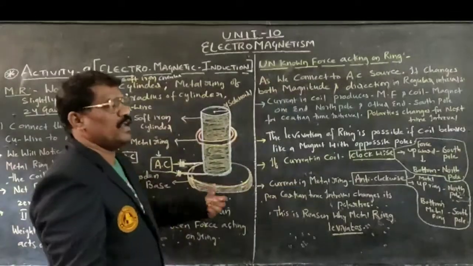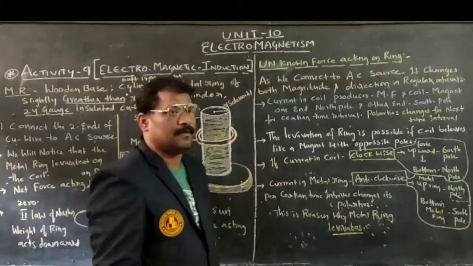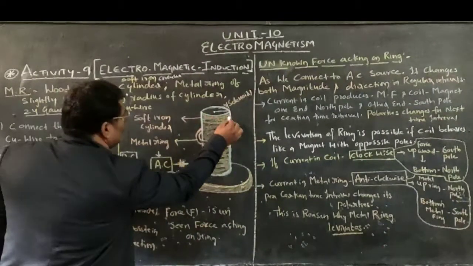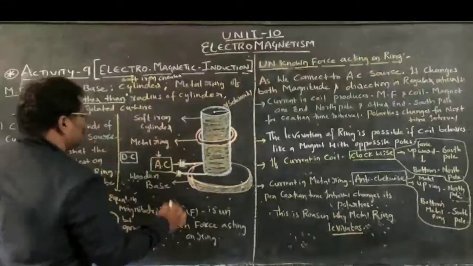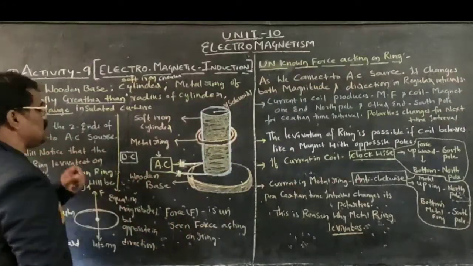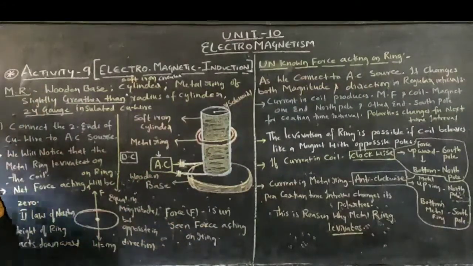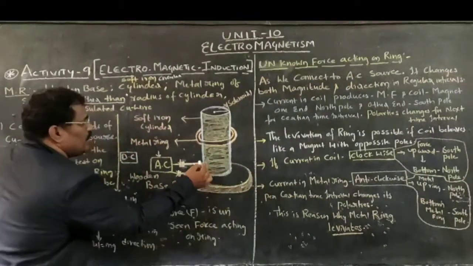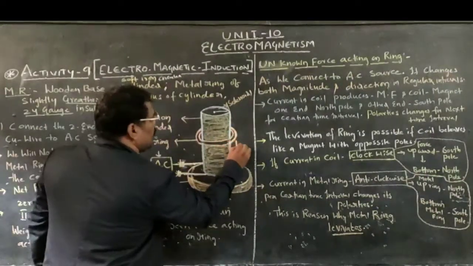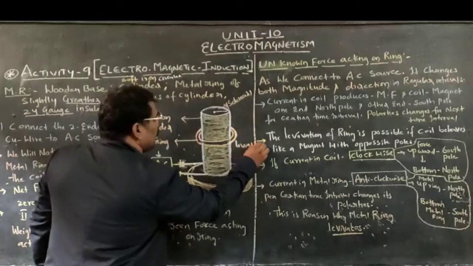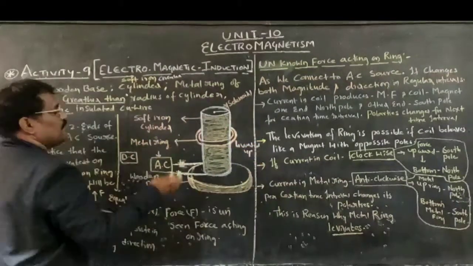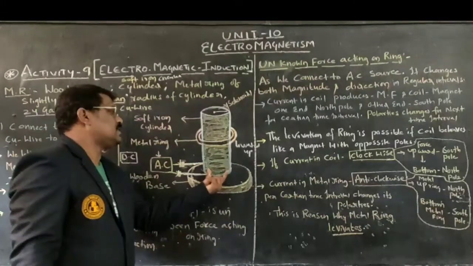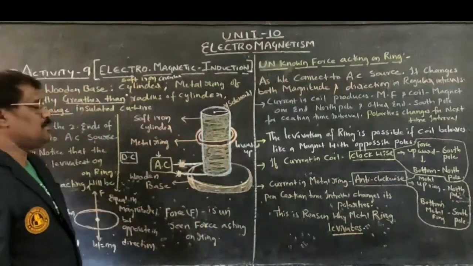When the two ends of the copper wire are connected to the AC source, we will observe that the ring which was at the bottom is levitated. It rises up from the bottom of the soft iron cylinder.